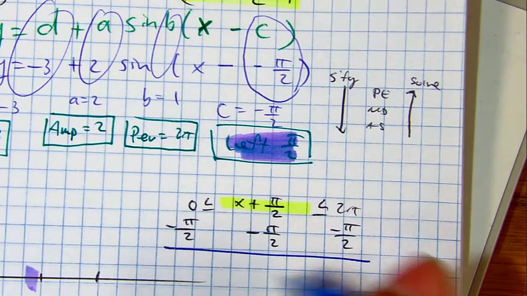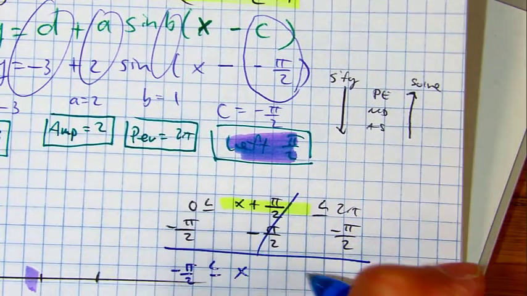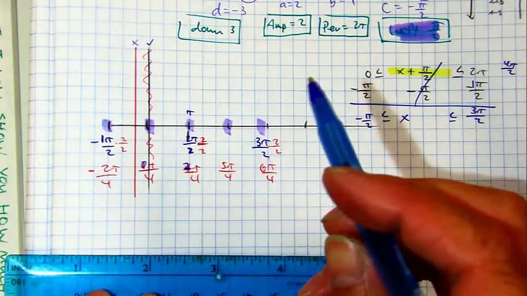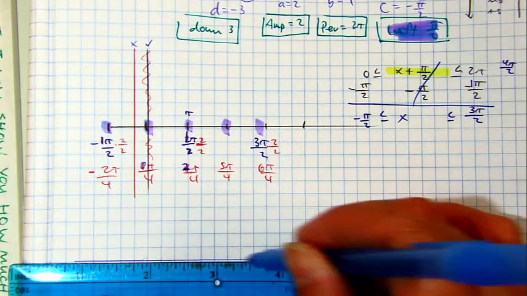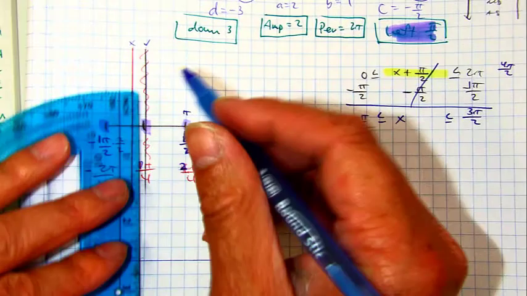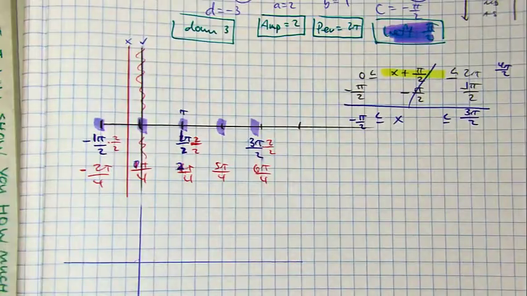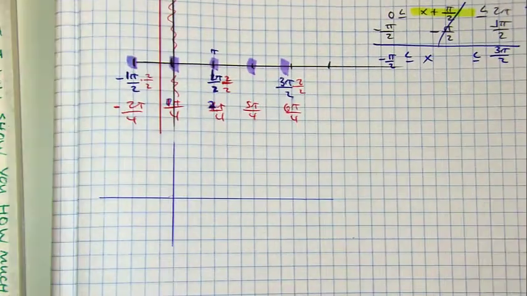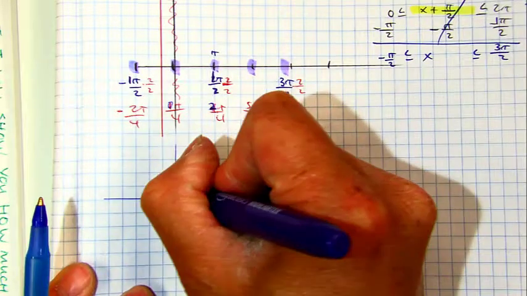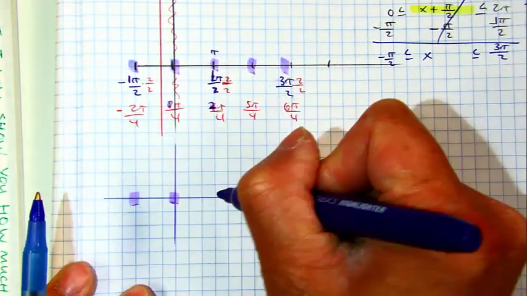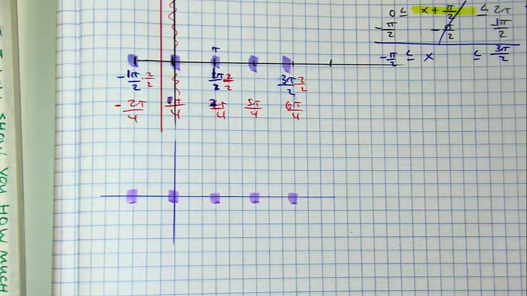This will give me negative pi over 2 x, and this will become... okay, let's try that again.